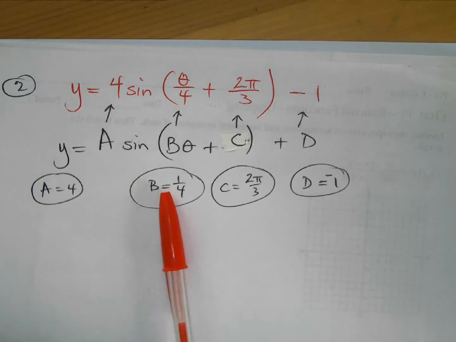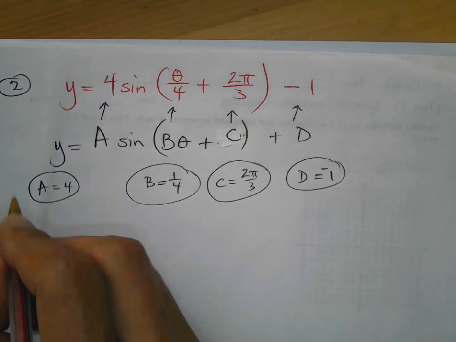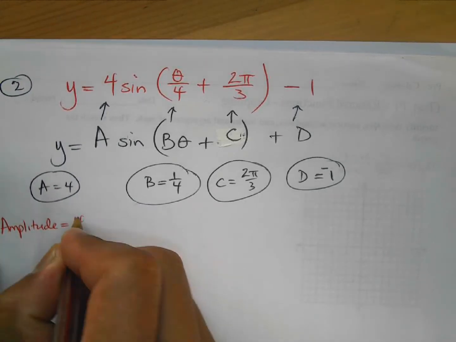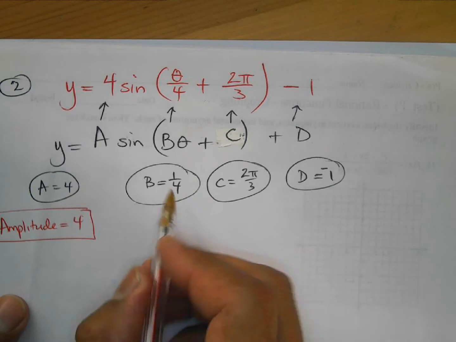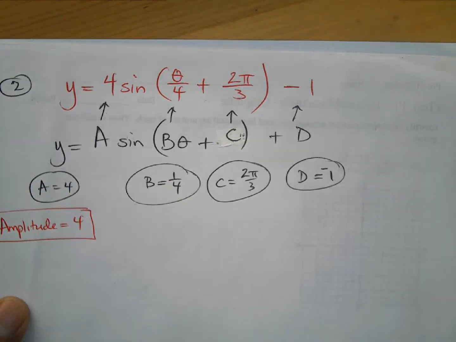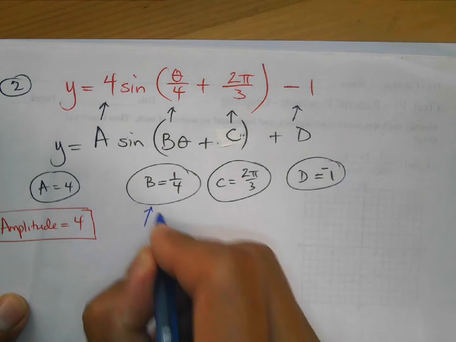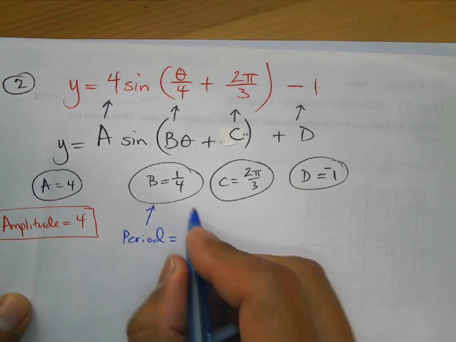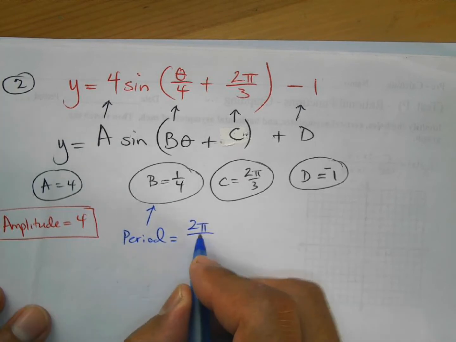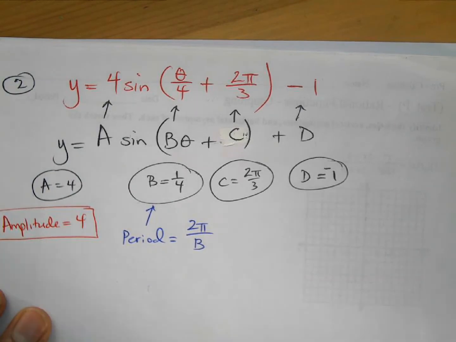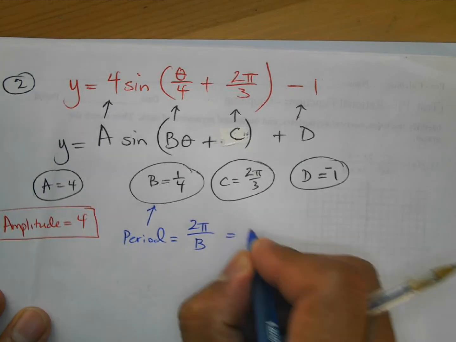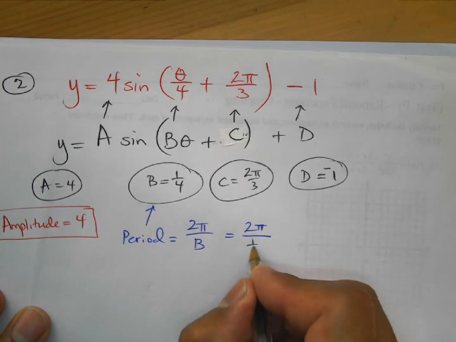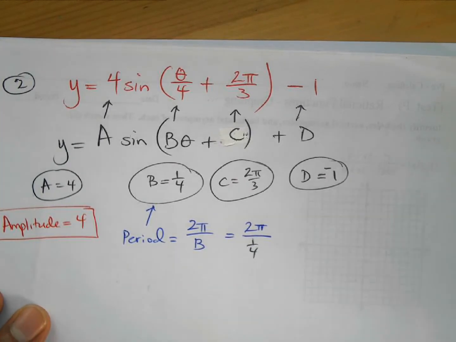So you're going to have to find amplitude and period, which we've done before. Amplitude is 4. This is not the period. Remember, to find the period, you have to use that little formula. Period is 2 pi over the value of B, which is 2 pi divided by 1/4.